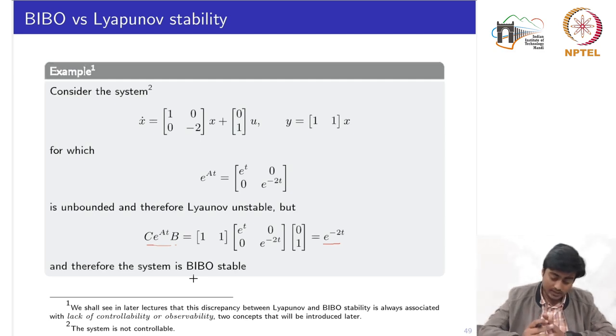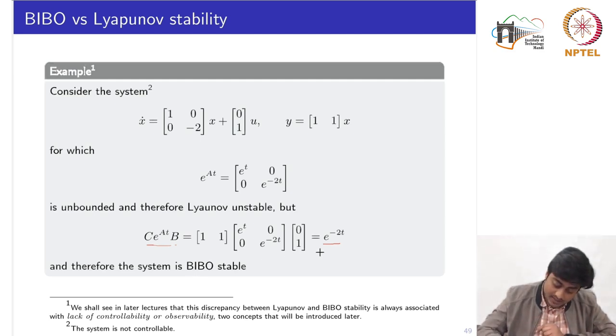So this is what we want to say: if the system is BIBO stable, it does not imply in general that the system would also be Lyapunov stable. There are two footnotes written over here that we shall see in later lectures: this discrepancy between Lyapunov and BIBO stability is always associated with the lack of controllability or observability.